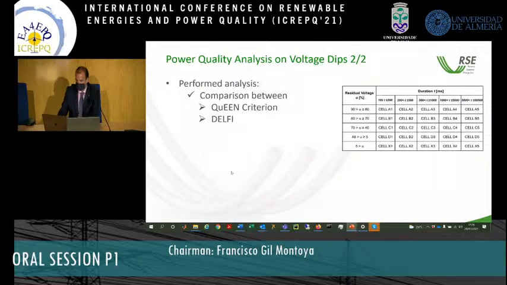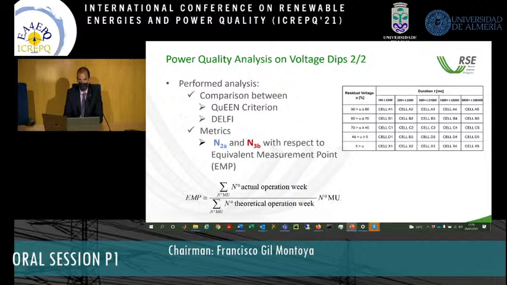What kind of statistical analysis did we perform? First of all, we compared the Queen criterion and the Delphi criterion, so we compared the two different algorithms. Then we evaluated the N2A and the N3B with respect to the measurement point, which can be computed with a formula you can see in the slide.